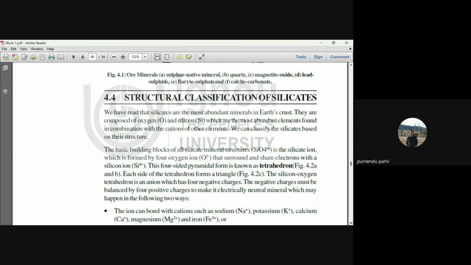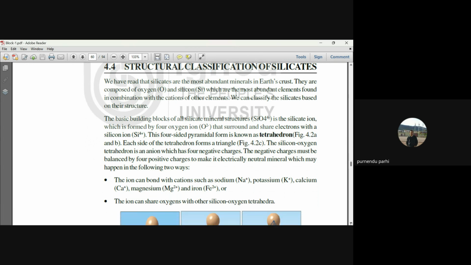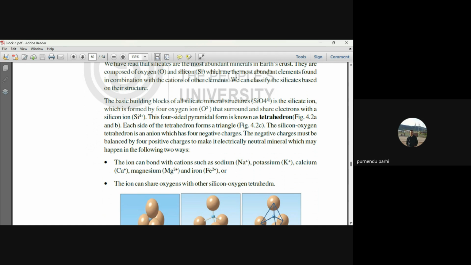The basic building block of silicate mineral structure is SiO4 4- in the silicate ion, which is formed by four oxygens that surround and share electrons with a silicon ion. This four-sided pyramidal form is known as a tetrahedron. Each side of the tetrahedron forms a triangle. The silicon-oxygen tetrahedron is an anion which has four negative charges.